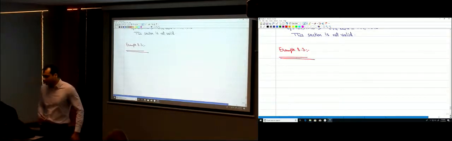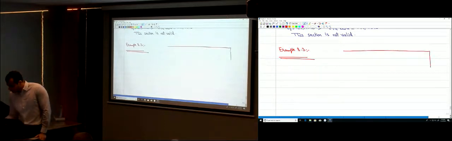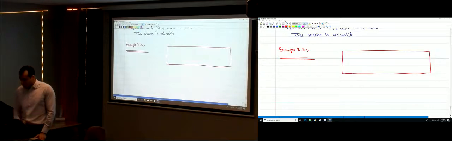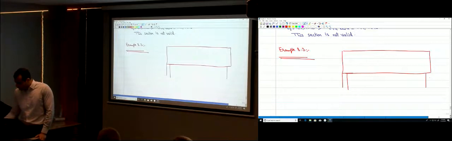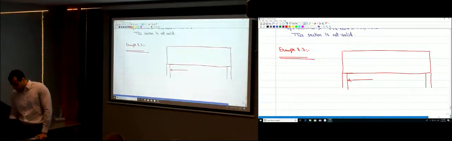So for example 8.3, we have a beam, okay? I'm just drawing its section to make sure that you realize the dimensions. So it's supported by a column here, and the clear span here is 14 feet exactly, okay?